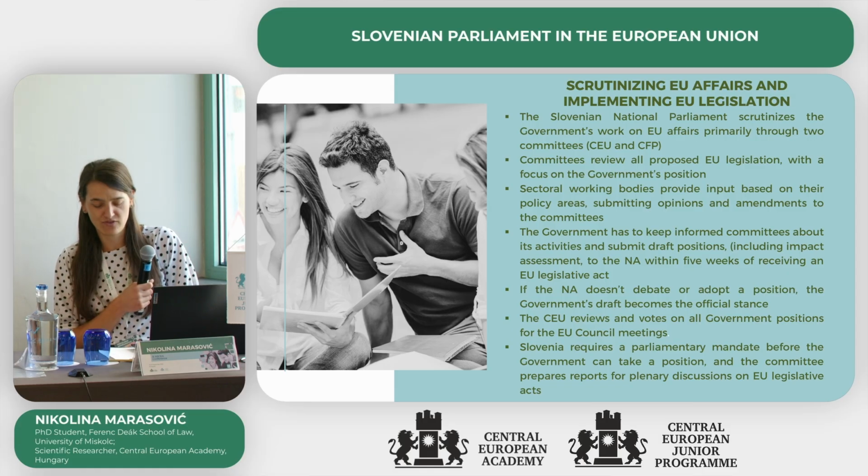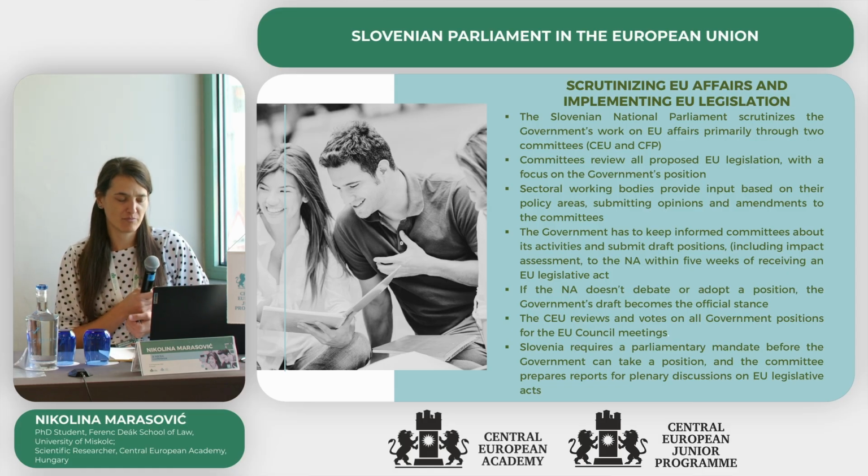Regarding the activity of the Slovenian parliament in the early warning mechanism, the Slovenian National Assembly has produced only one reasoned opinion, or so-called yellow card, since this mechanism was introduced, and that was in 2013 on the proposal for the Council regulation on the establishment of the European Public Prosecutor's Office.